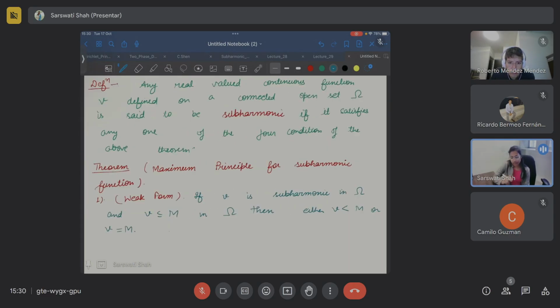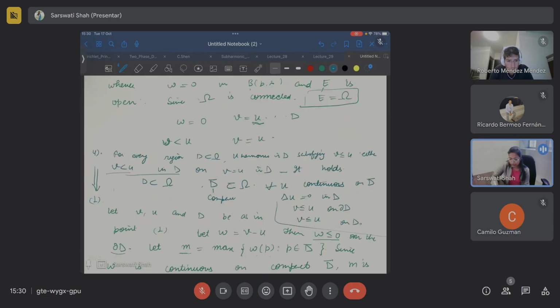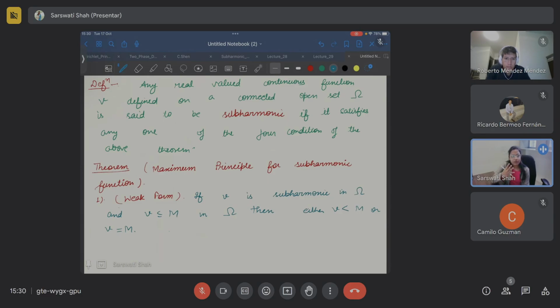In the fourth condition, we were proving that either v is less than u in D or v is equal to u in D. So this weak form basically comes from the definition of the fourth point. So this definition is saying that if v is globally bounded by a constant in this region omega, then either it will be strictly less than that constant or it will always be equal to that constant.